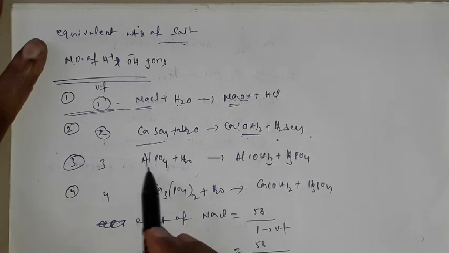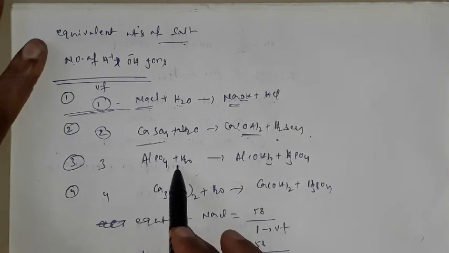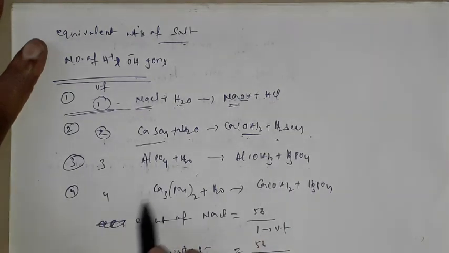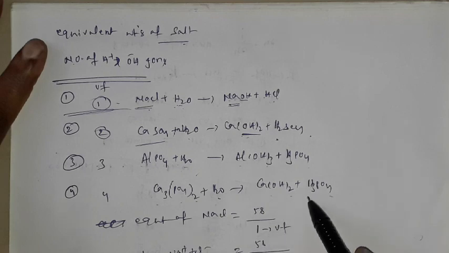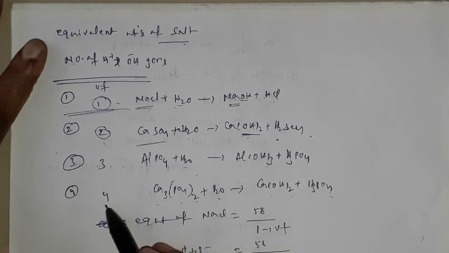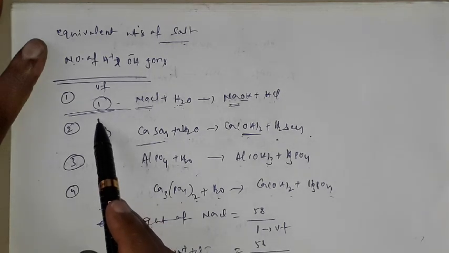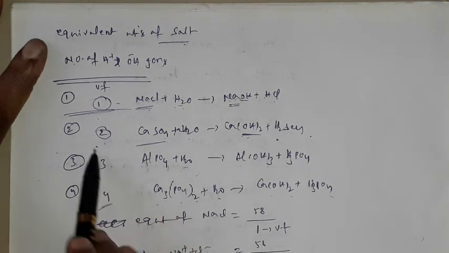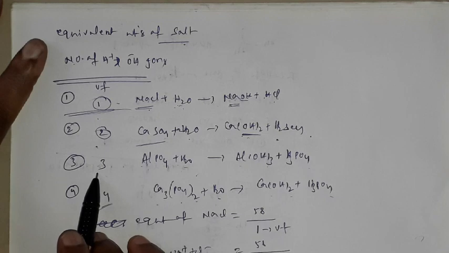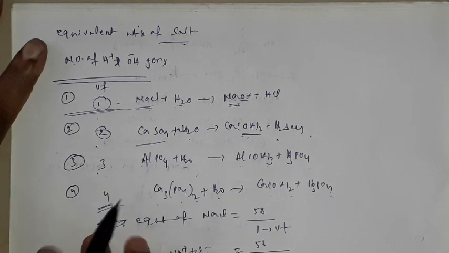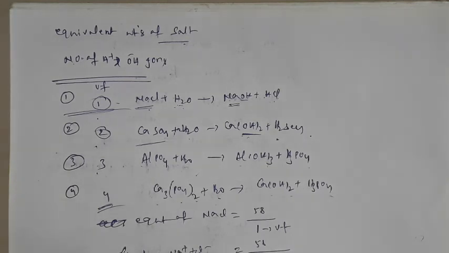See, AlPO4 plus H2O gives Al(OH)3 and H3PO4, and Ca3(PO4)2 plus H2O gives Ca(OH)2 and H3PO4. So in this case, the number of H's: here the valency factor is 1, here the valency factor is 2, here the valency factor is 3. Here the valency factor is the number of H plus.